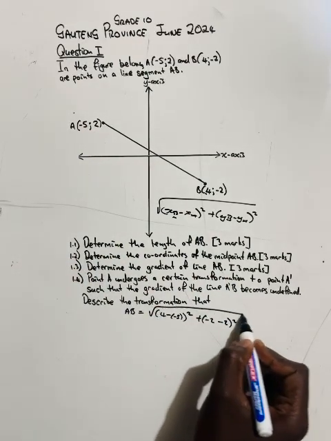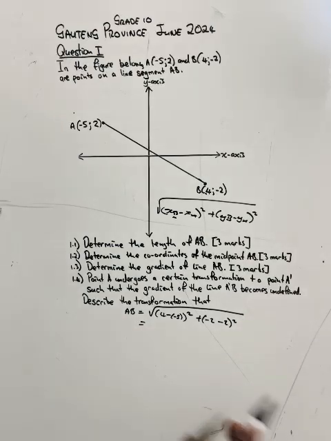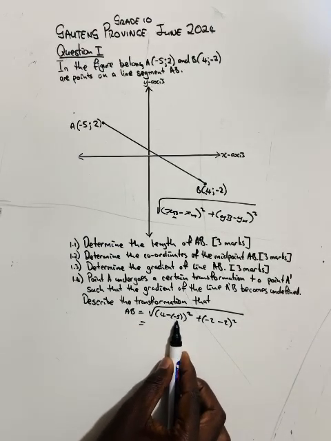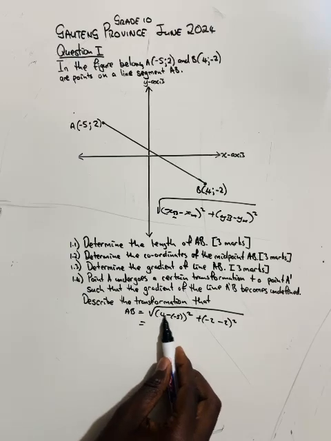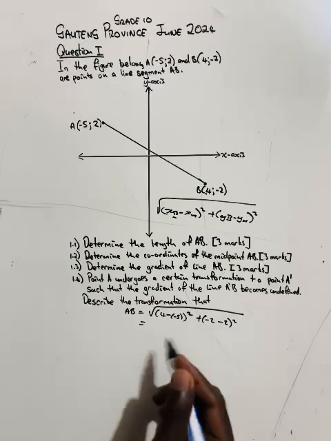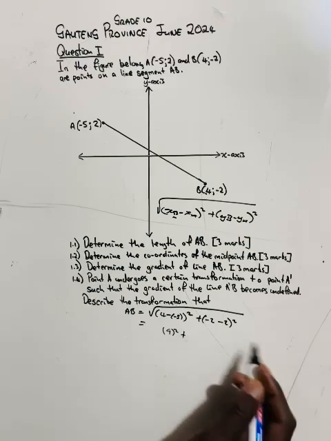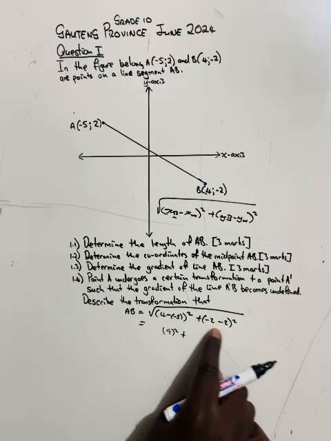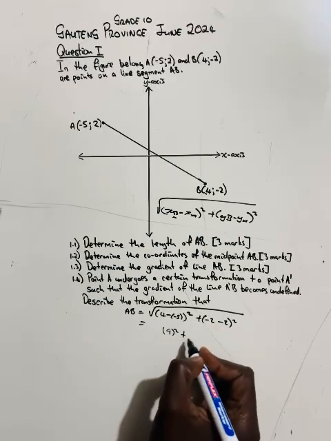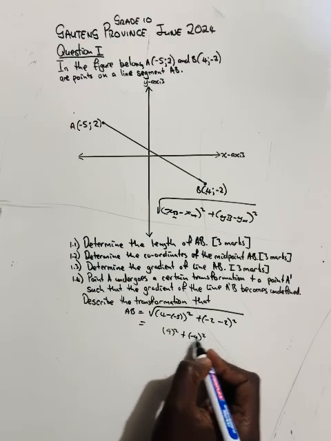Now negative times negative gives me a positive, and 4 plus 5 gives me 9. So I've got 9 squared plus negative 2 minus 2 gives me negative 4, so negative 4 squared.